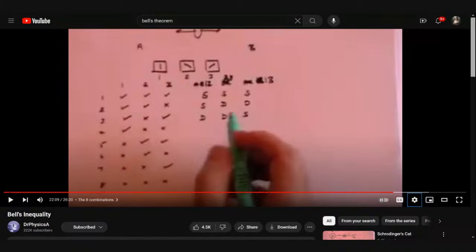I don't understand. The filters are not even 90 degrees to each other. They're different angles. So the question is, do they pick up the same filter or a different filter?